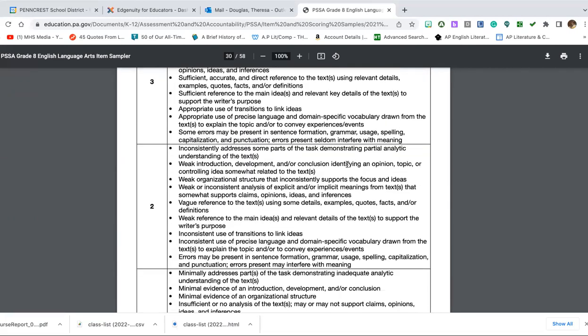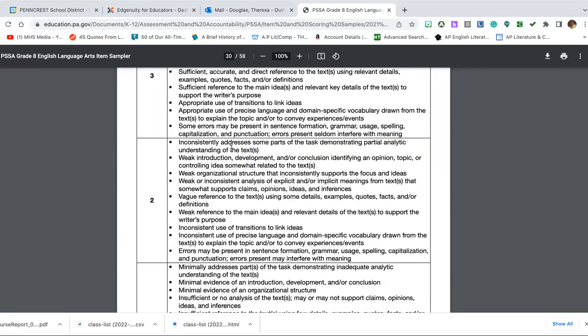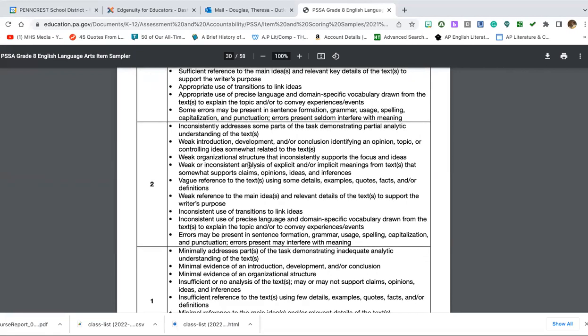Then we get down to the 2. This is where it inconsistently addresses some parts of the text. That means some parts are right, some parts are wrong. So there's partial analytic understanding. There's either a weak introduction, development, or conclusion, identifying the position, the topic, or the controlling idea, and it's somewhat related to the text. There's a weak organizational structure.